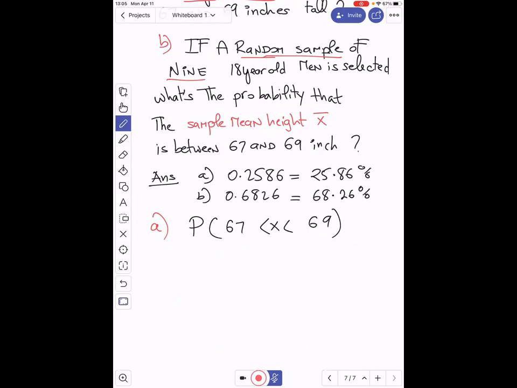This is from section 7.3, so we know how to answer this. Well, hopefully you know how to answer this.